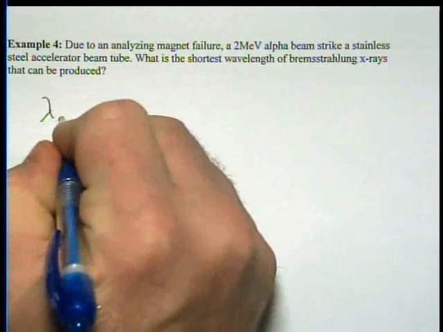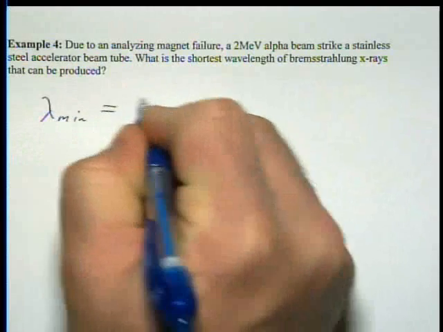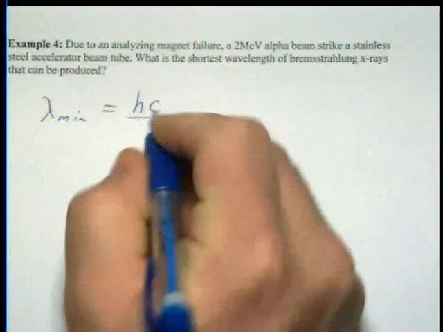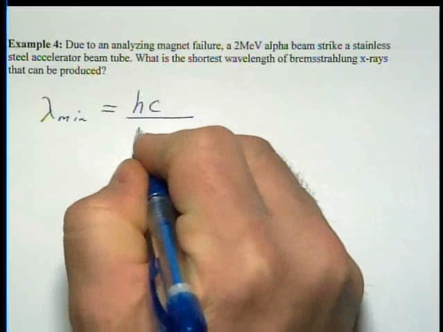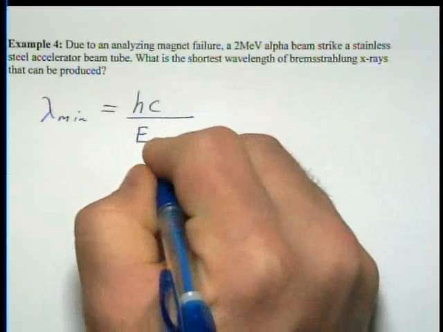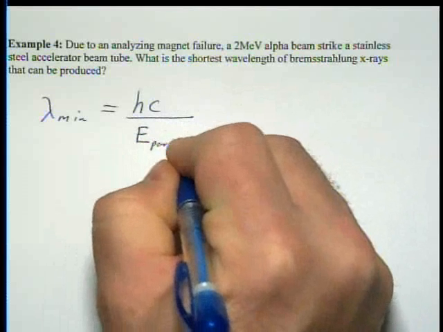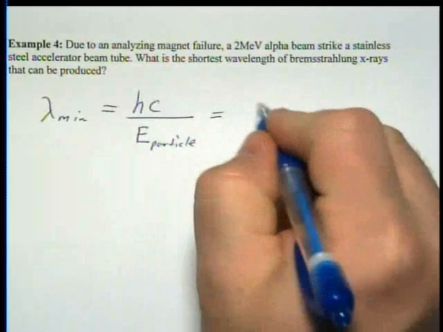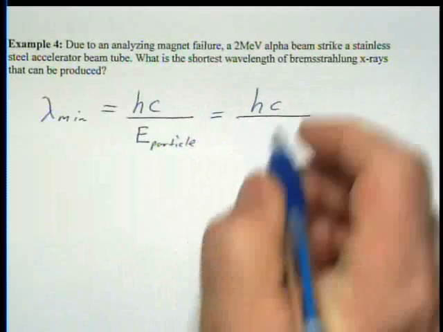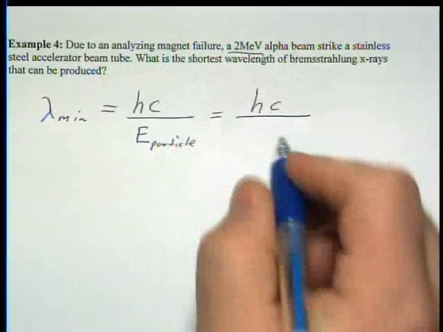So lambda min was hc over the energy of my particle. So I'm going to give all the energy in a single step. And in this case, I know the energy right there. It's 2 MeV.